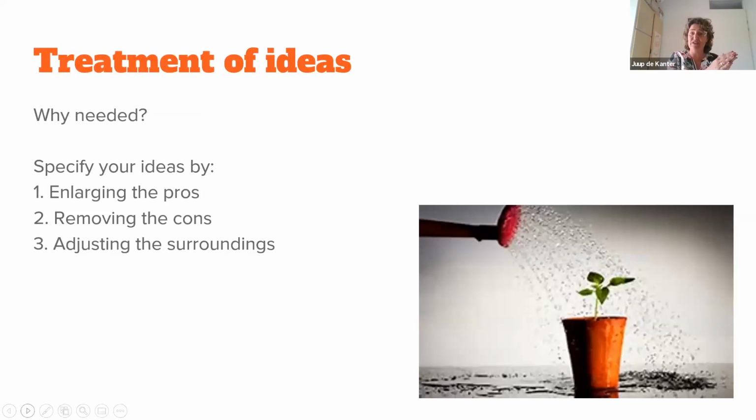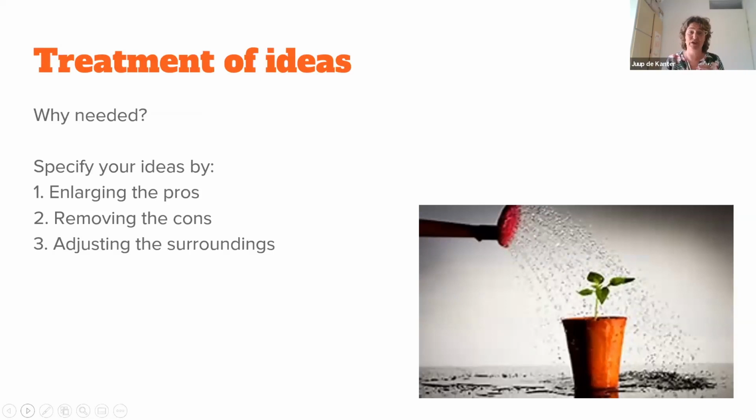So for the specific one, you come up with the criteria of your client or for yourself, and then it has to become a better specific one because you use the criteria in your head. The beginning of an idea has to become specific by enlarging the pros and removing the cons and making them also suit the criteria.